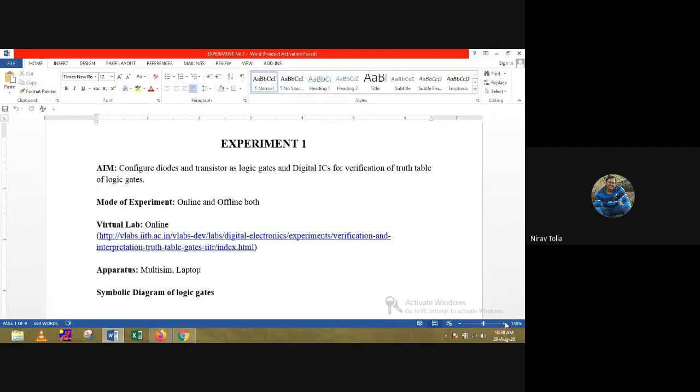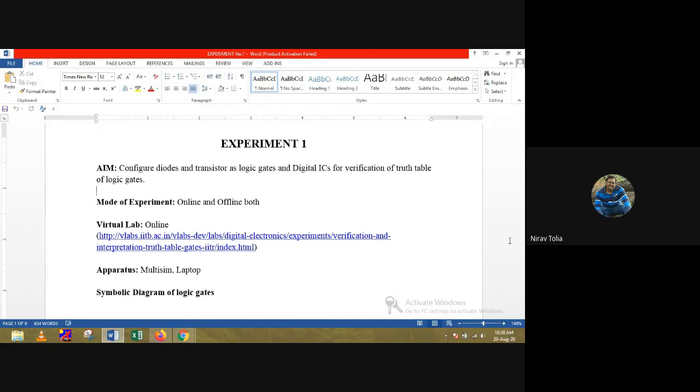So this is our experiment number one, which is to configure diodes and transistors as logic gates and digital ICs for verification of the truth table. This is the mode of the experiment. Generally the mode will be online and offline both, but as we have to study online, the mode is online only.